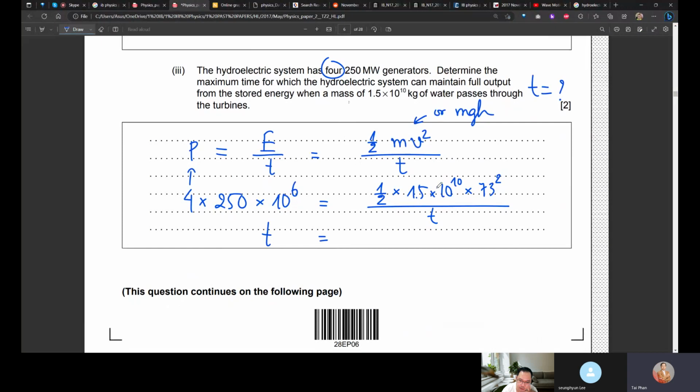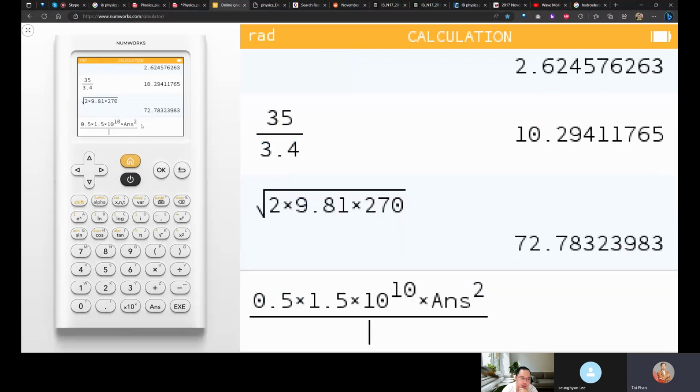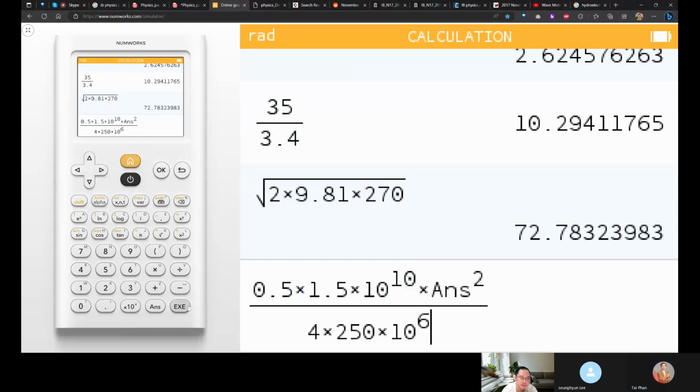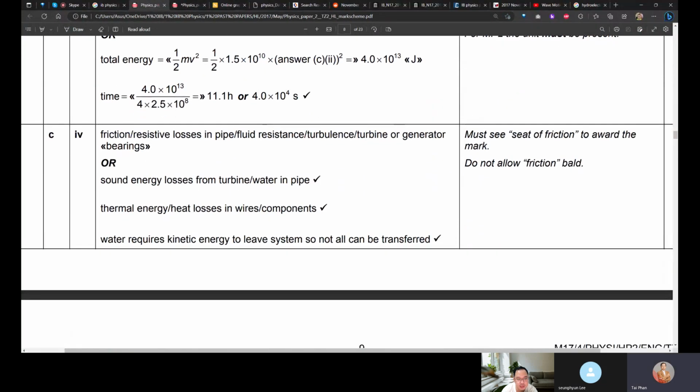Taking the left side, 0.5 times the mass, 1.5 times 10 to the power 10, times the accurate value of the speed squared, and divide by the right side, 4 times the power, 250 megawatts times 10 to the power 6 to convert to watts. So this is the answer: almost 40,000 seconds.